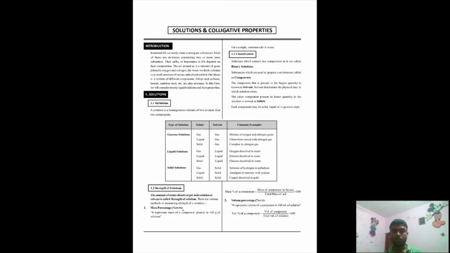We can explain it as mass percentage, volume by volume percentage. Then we can explain it as mass by volume percentage. This is one of the most common ways used in the real world, in scientific fields and in many industries. If you have seen medicines or ointments, you might have seen this on the packaging.